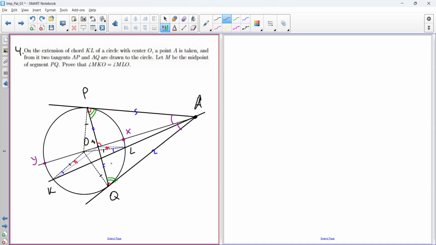Though it's almost invisible here, I will denote them with similar but different notations in terms of arcs. So we must prove that angle MLO equals angle MKO.